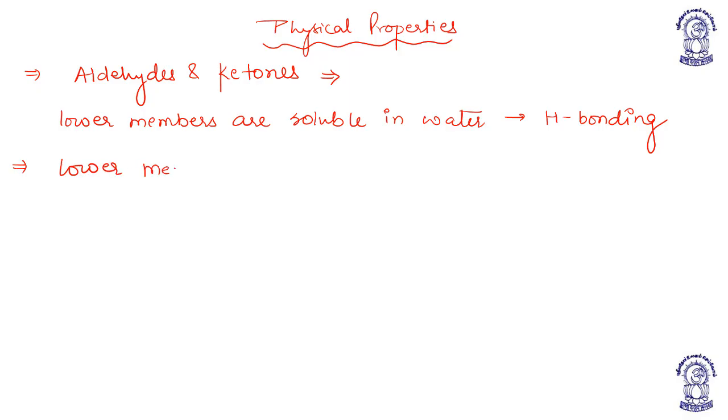Lower members of aldehydes and ketones are gases at room temperature. Okay? However, ethanal is a volatile liquid.